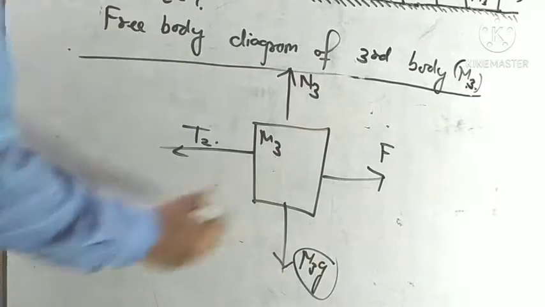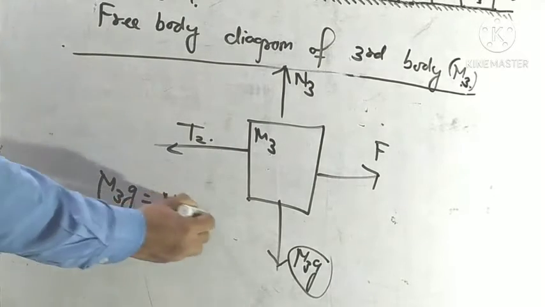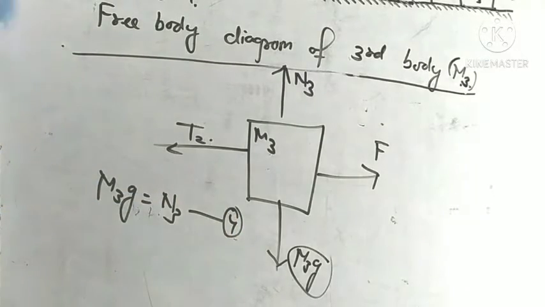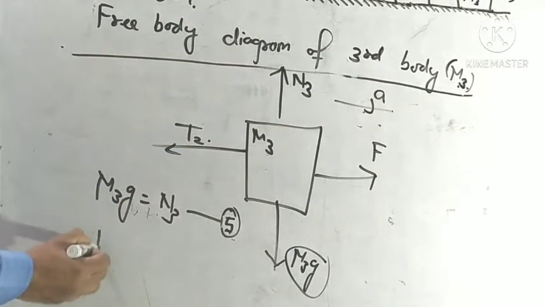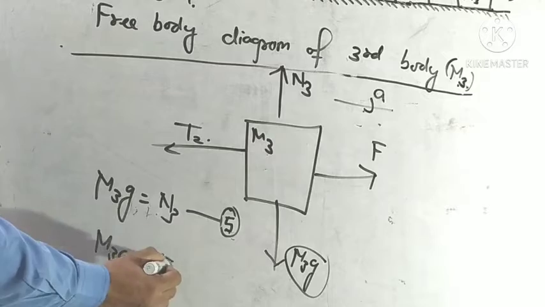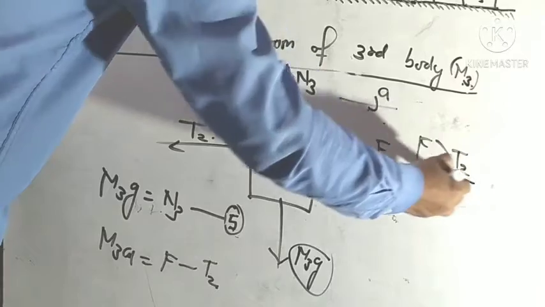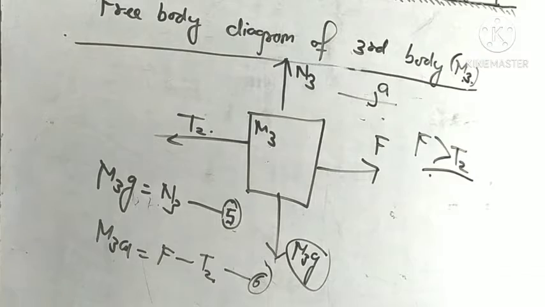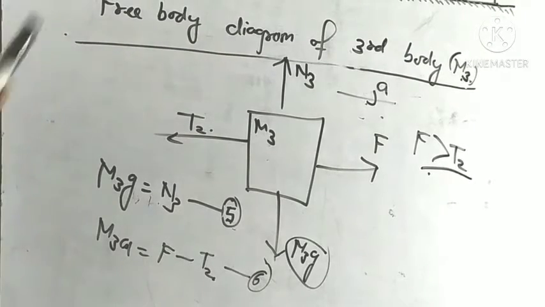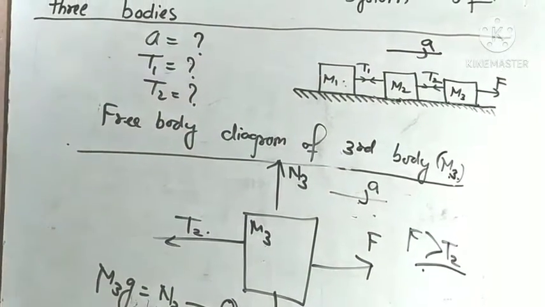These two forces balance each other, m3g equal to n3. We call it equation number 5. This body will move to the right with acceleration a, so the net force working on this body will be m3a equal to F minus T2, because F is greater than T2. We call it equation number 6. So there are 6 equations, and by using these equations we will find the value of acceleration a and tensions T1 and T2 in the strings.